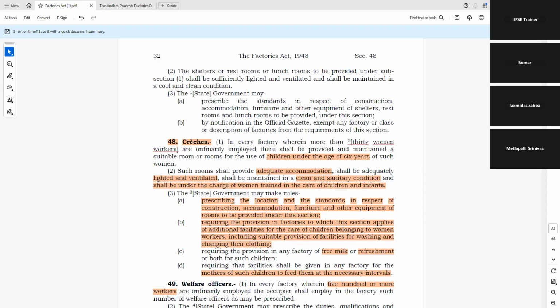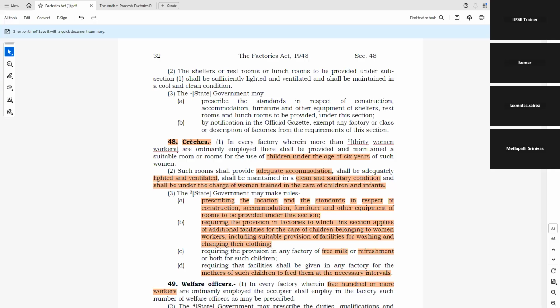Such a room shall be of adequate accommodation, shall be adequately lighted and ventilated, shall be maintained in a clean and sanitary condition, and shall be under the charge of women trained in the care of children and infants.